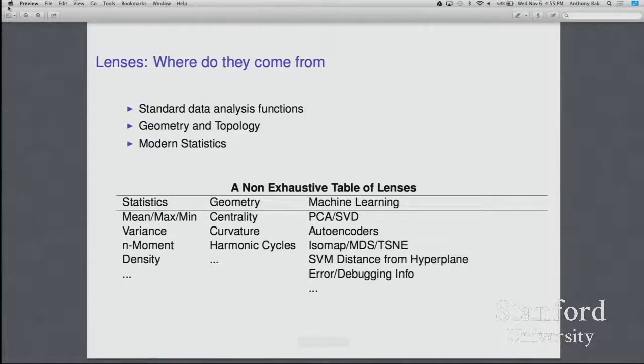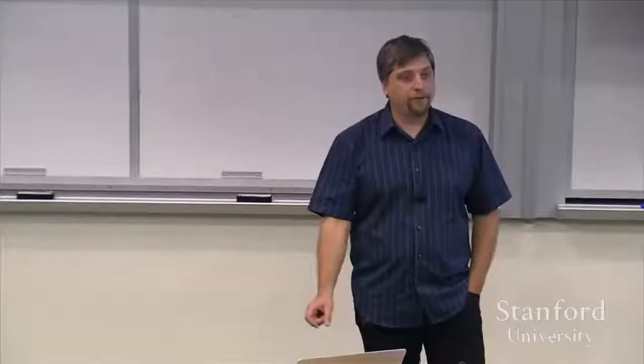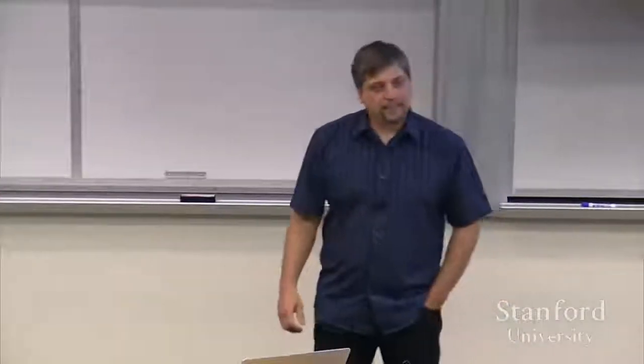And then the other area is domain knowledge or data-driven lenses, right? So you can just think of this as any column in your data set is a legitimate lens to use, because it's just a column, it has a value for every row. That's exactly what a lens is.